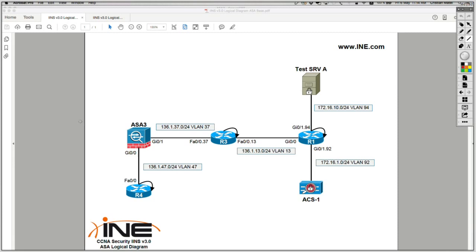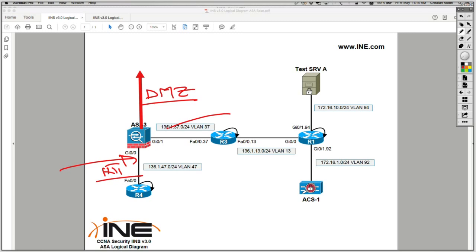another interface on the ASA as well, and this would be our DMZ interface, which stands for demilitarized zone, which means it's not trusted either. In our case, this interface is facing the internet, so it's the untrusted interface of the ASA.